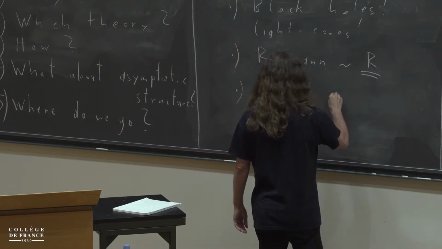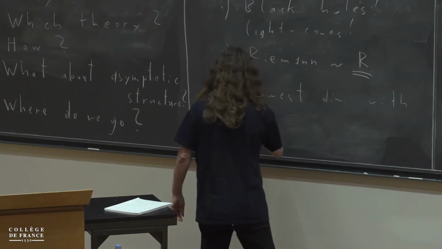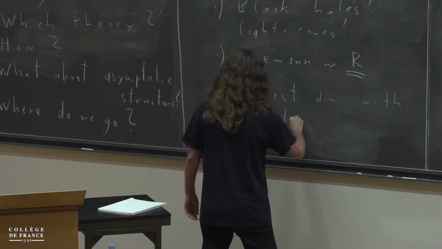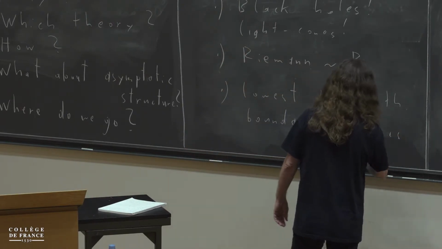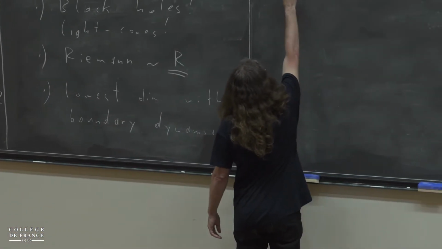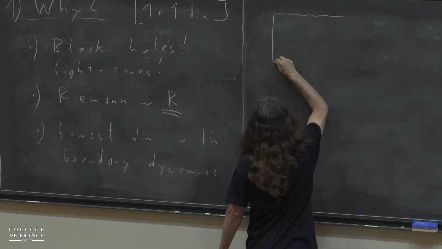So it's the lowest dimension with boundary dynamics. I'll explain in more detail what I mean by this. But roughly speaking, if you have some two-dimensional space-time, let me draw a so-called Penrose diagram.